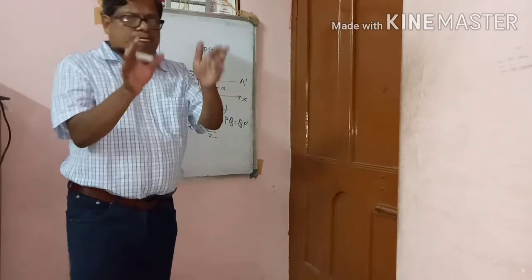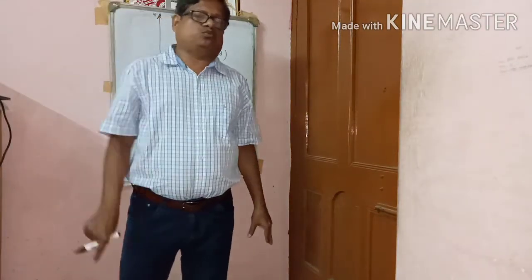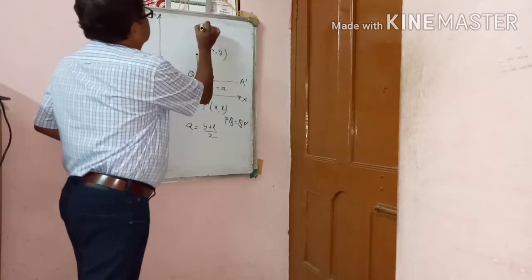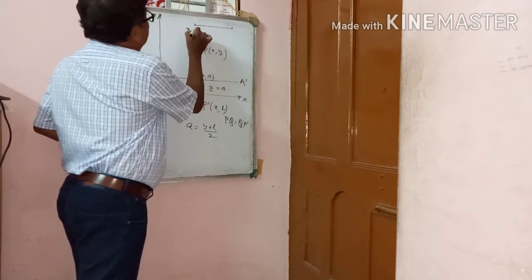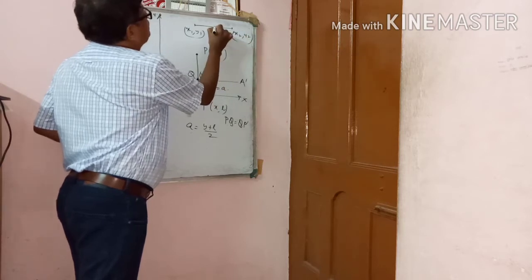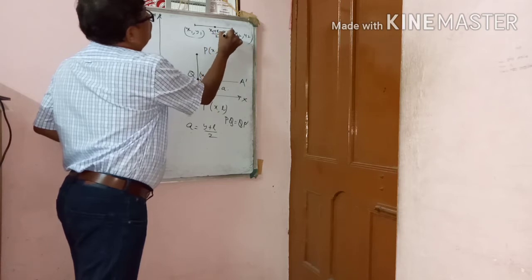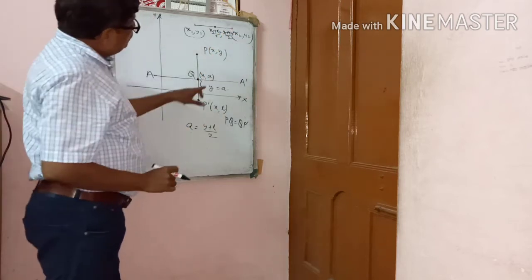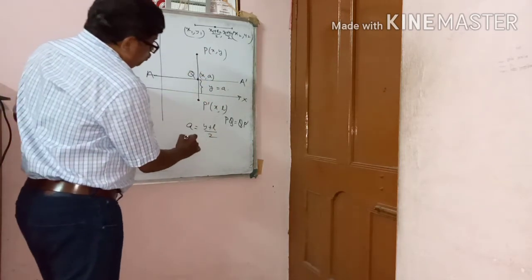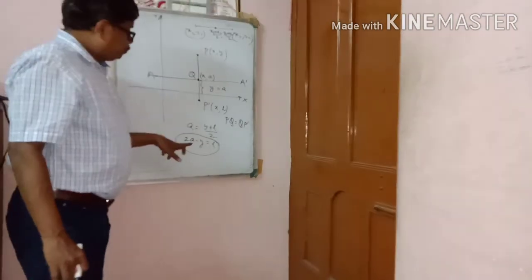Remember, the midpoint of a line segment is (x1 plus x2) by 2. I'll teach it later in the section formula, you just remember. Suppose two points (x1, y1) and (x2, y2) are given. The midpoint will be ((x1 plus x2) by 2, (y1 plus y2) by 2). So remember, here a equals (y plus L) by 2, so 2a minus y equals L. So L equals 2a minus y.